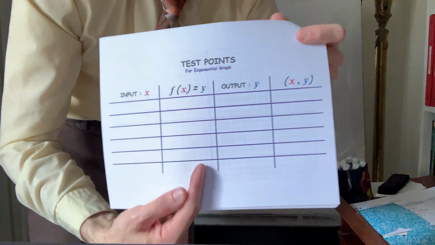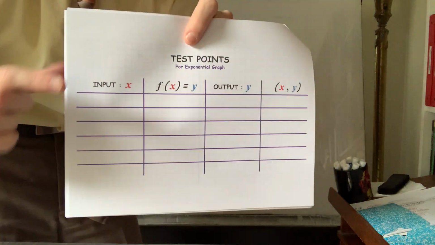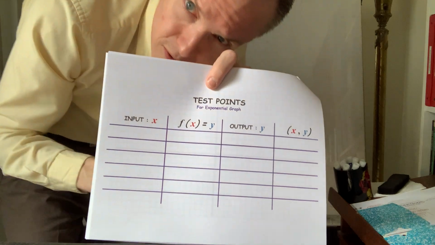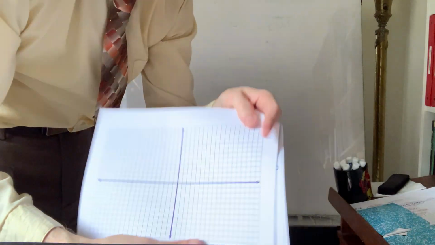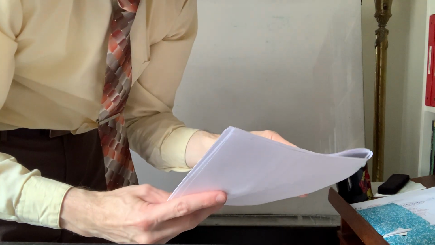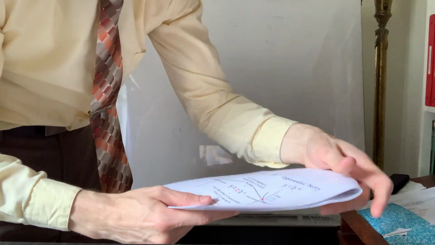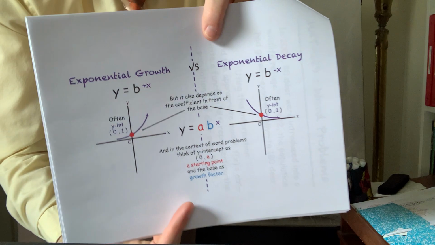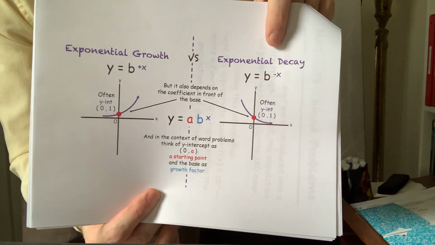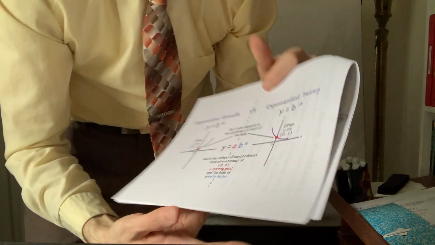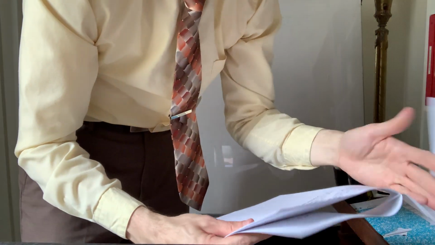Here's a table that I have for generating coordinates so that you could see how it works. Some graph paper as always. This is basically the diagram that I have made for the graphs of exponential growth and exponential decay. I'll go into detail.